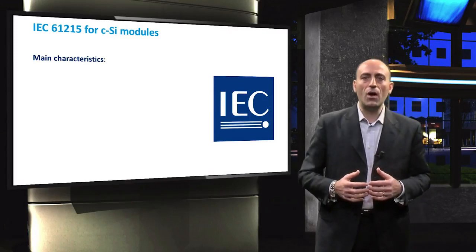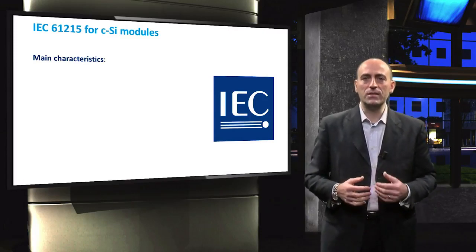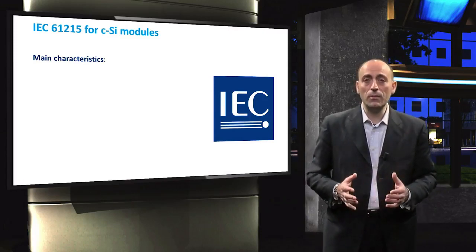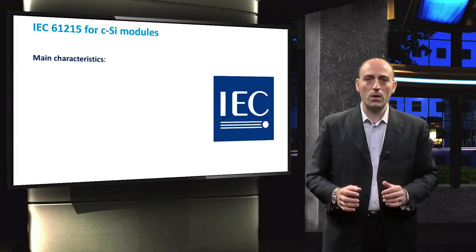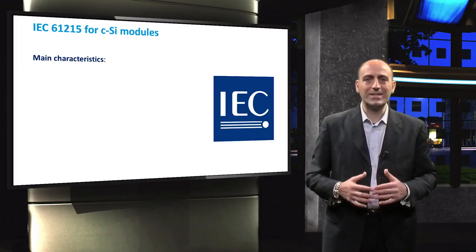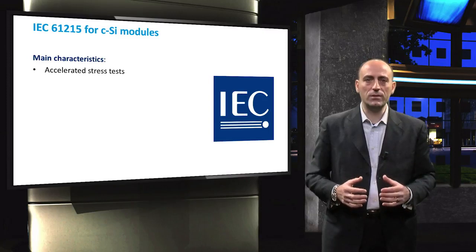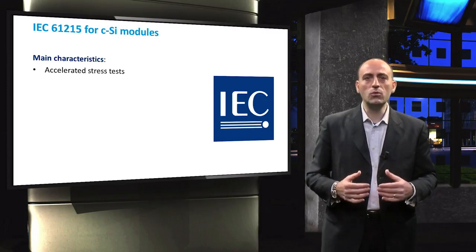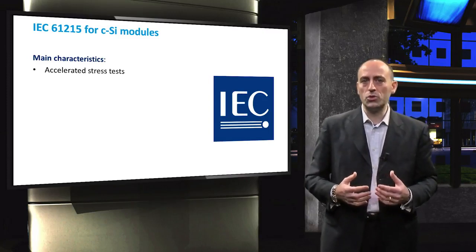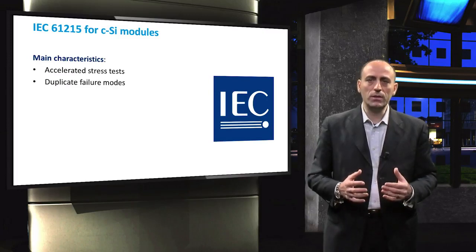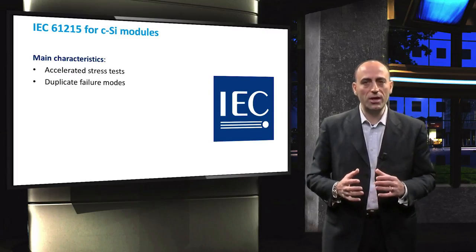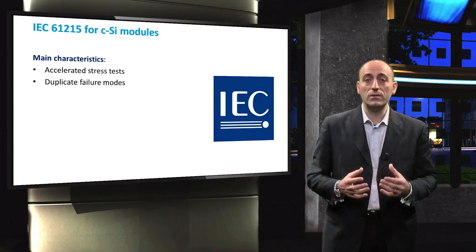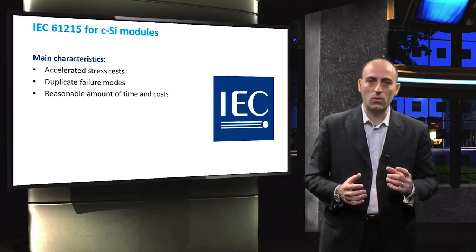Let us now focus on the IEC 61215, which is applicable to crystalline silicon modules. The qualification includes a set of well-defined accelerated stress tests that aim to duplicate failure modes observed in the field. It is important that stress levels and the test durations are limited so that the tests can be completed within a reasonable amount of time and cost.